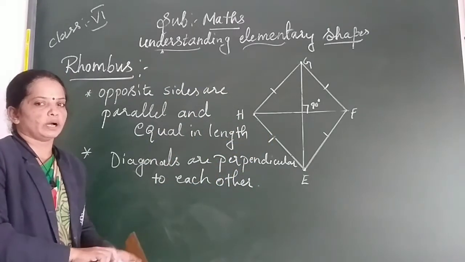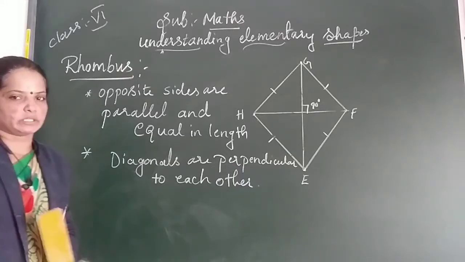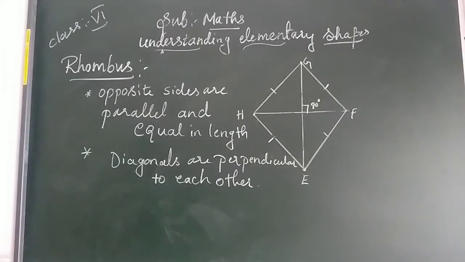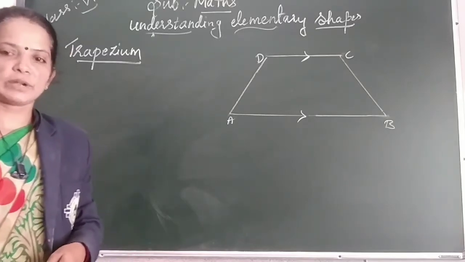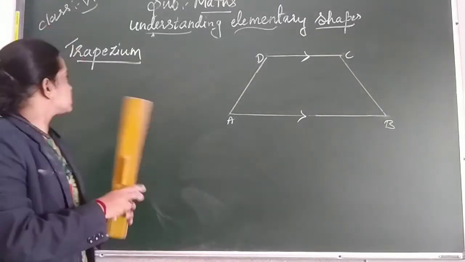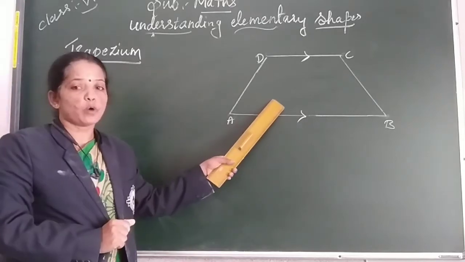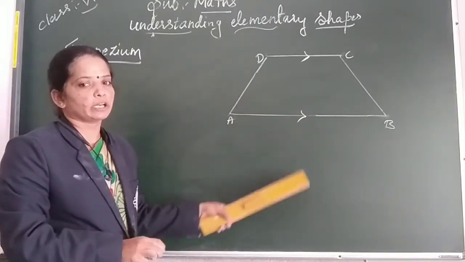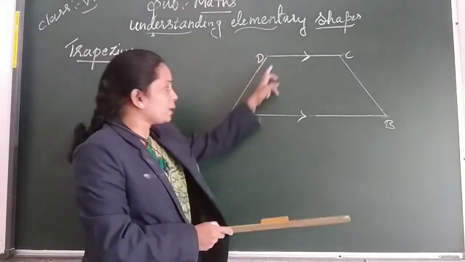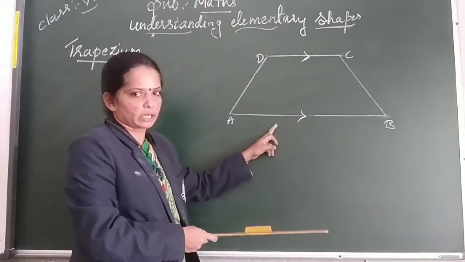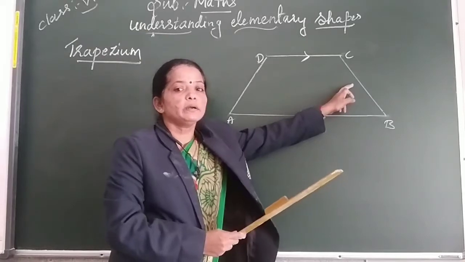So the next one we will move to is the trapezium. A trapezium is a quadrilateral but not a parallelogram. Why is it not a parallelogram? Here only one pair of opposite sides are parallel. The other pair is not parallel.